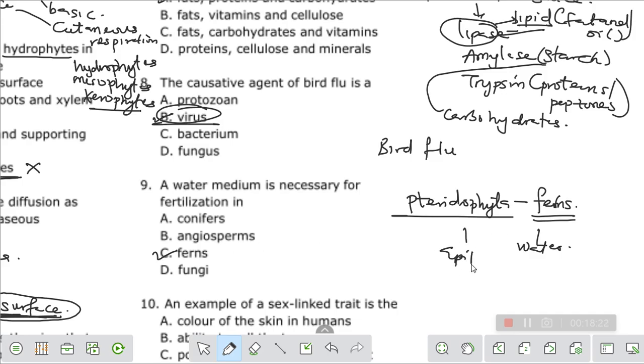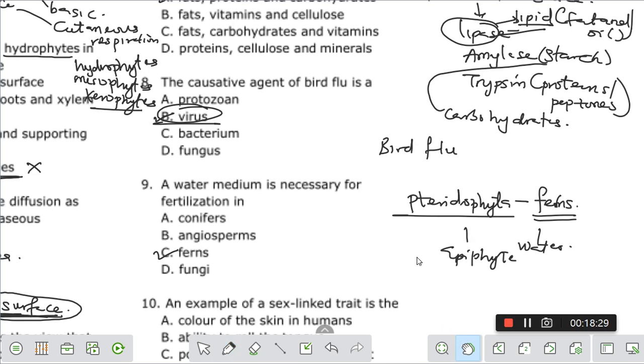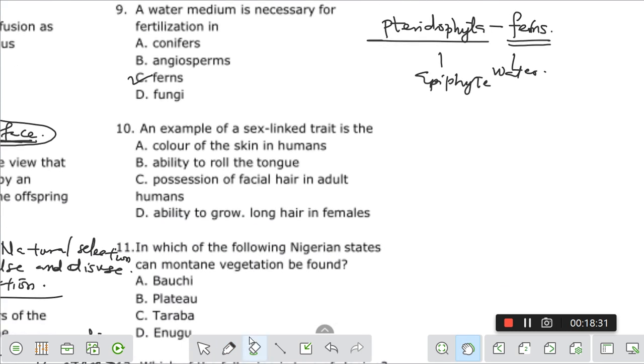Now, an example of sex-linked traits is: A, color of the skin in humans; B, ability to roll the tongue; C, possession of facial hair in adult humans; D, ability to grow long hair in females. I told you that we have what we call the physiological or discontinuous variation, and we also have the morphological or continuous variation.